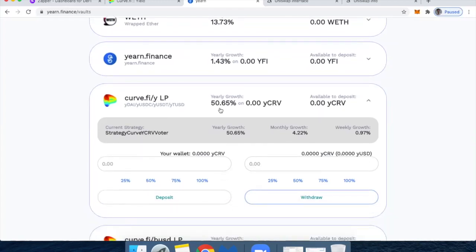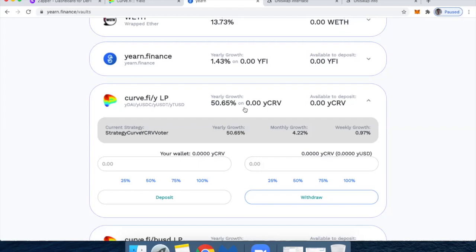Part of the reason it was higher is that the market has drawn down, and part of the higher yield was due to the higher price of the Curve governance token. That was being sold at a higher price, hence one would earn higher returns.